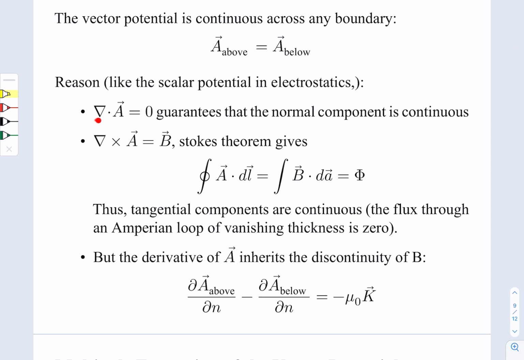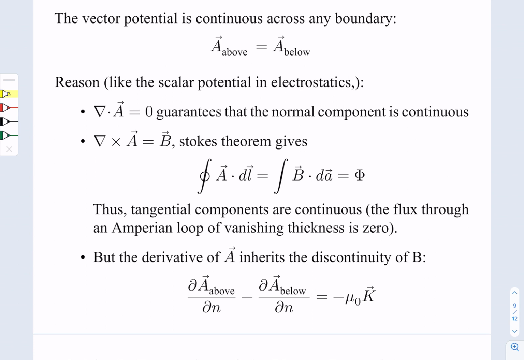So if we apply a Gaussian pillbox surface, because del dot A is equal to 0, then we do the exact same analysis that guarantees that the normal component is continuous. And now to get that the parallel component is also continuous, we need to use the del cross A term.